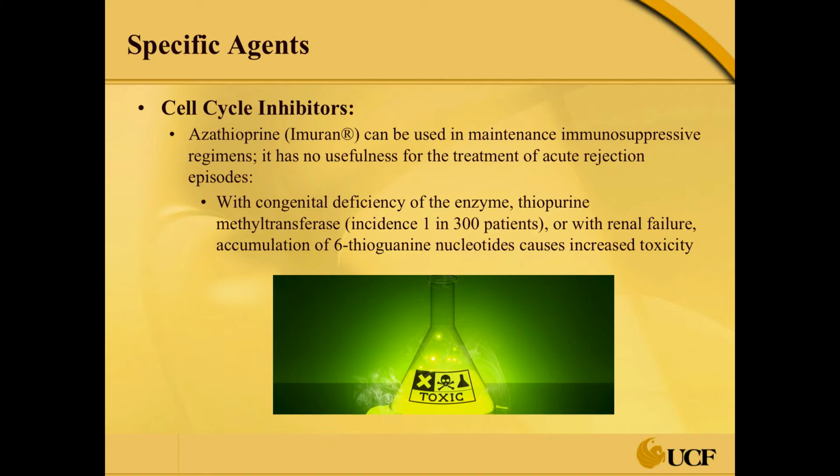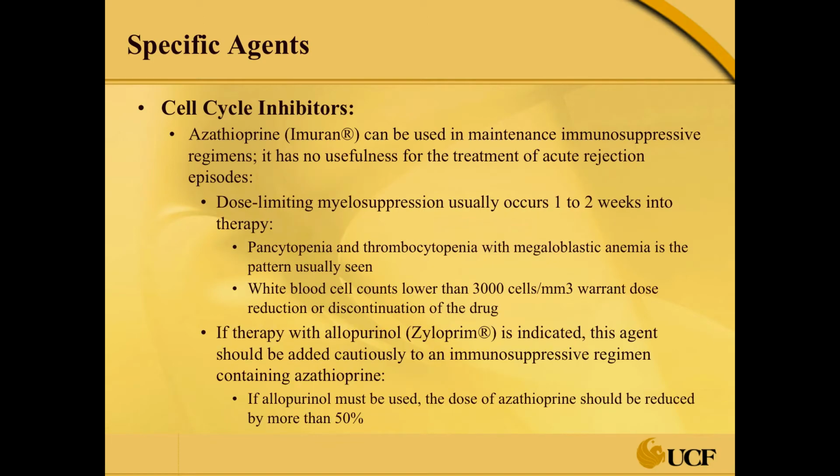So about 1 in 300 patients or patients with renal failure are more likely to develop toxicity, unfortunately. Dose-limiting myelosuppression can occur in about 1 to 2 weeks into therapy.